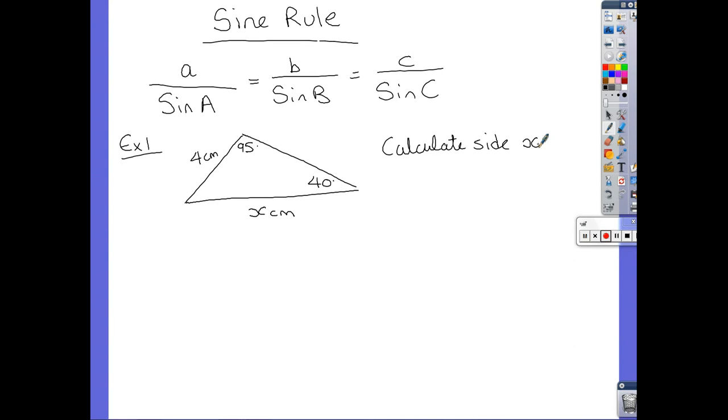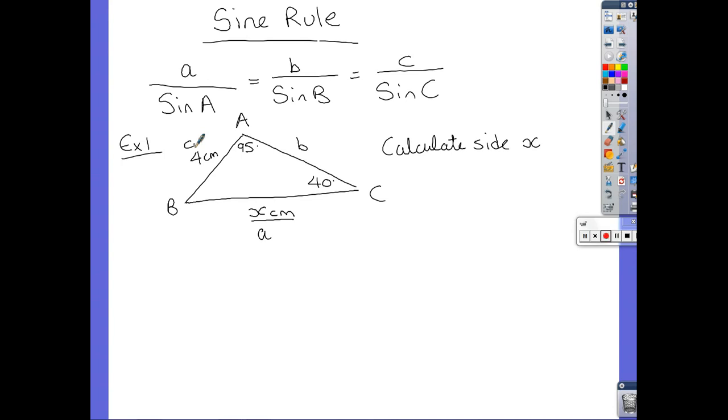So we're trying to find the length of the side x, and in order to do that we're going to label up our triangle with angles A, B and C and sides a, b and c. What I'm going to do is make this one A, this one B and this one C, but you could have chosen any combination there, it doesn't really matter. Now this will be small a because it's opposite our angle A. Opposite angle B would be small b, and opposite angle C would be small c.